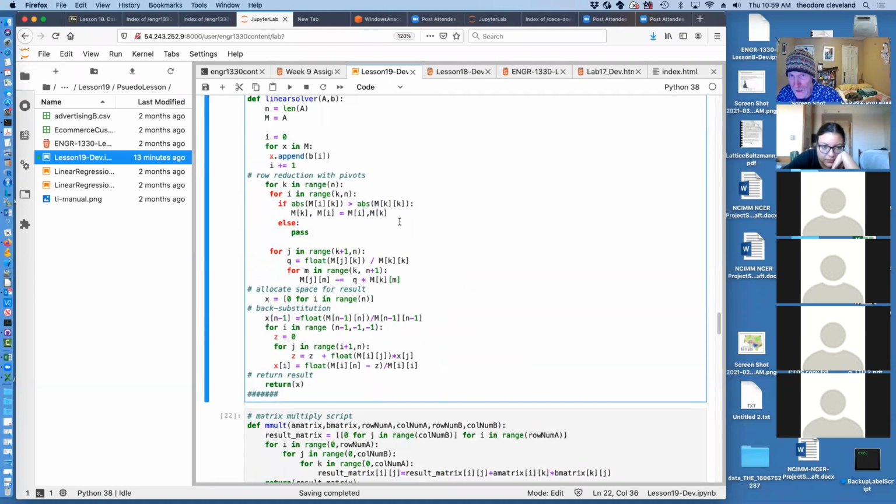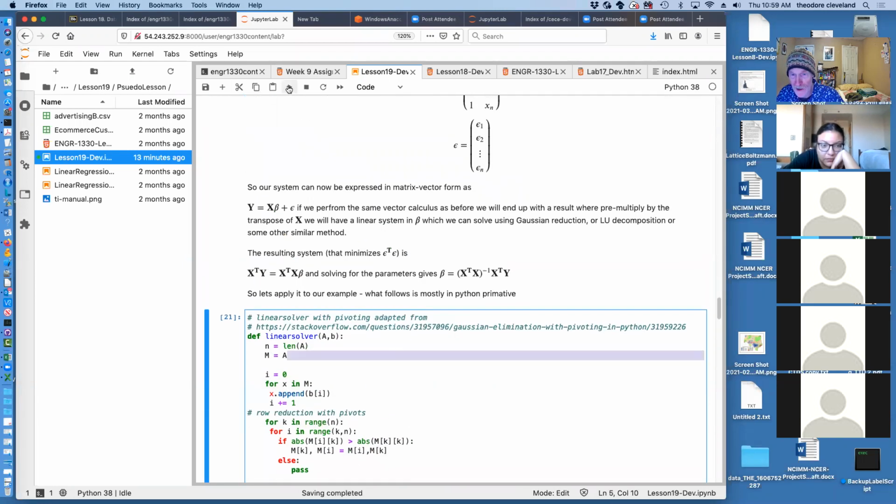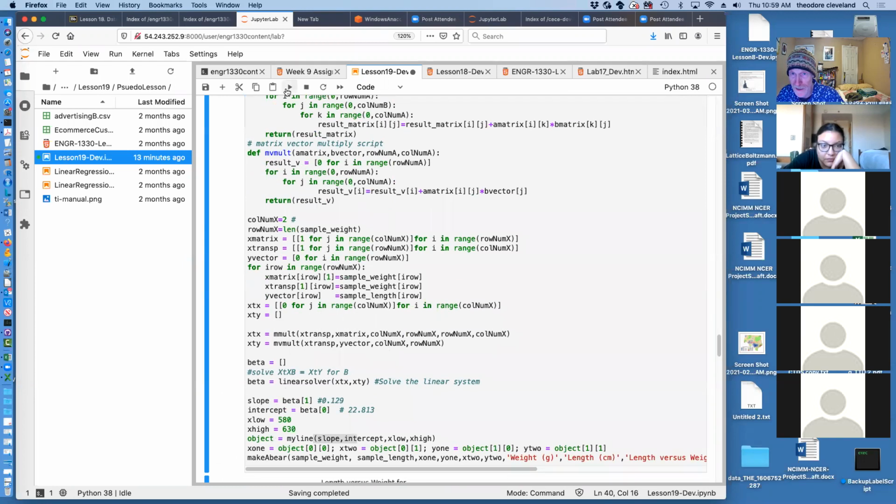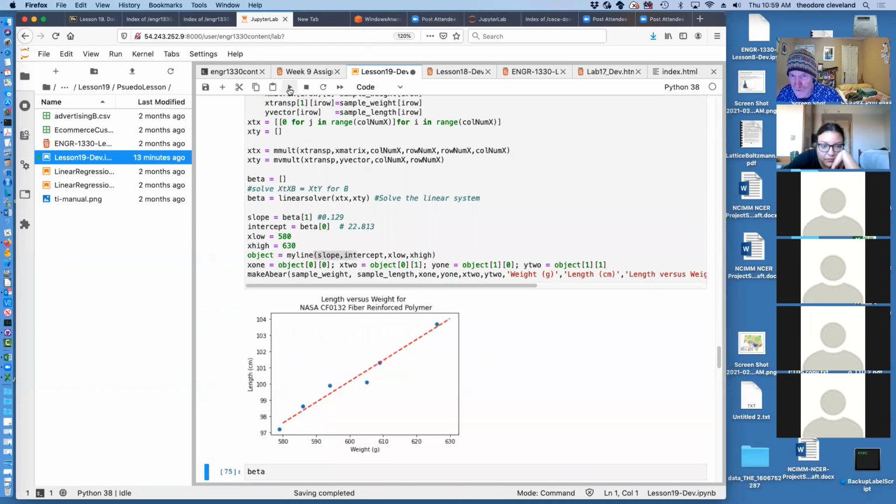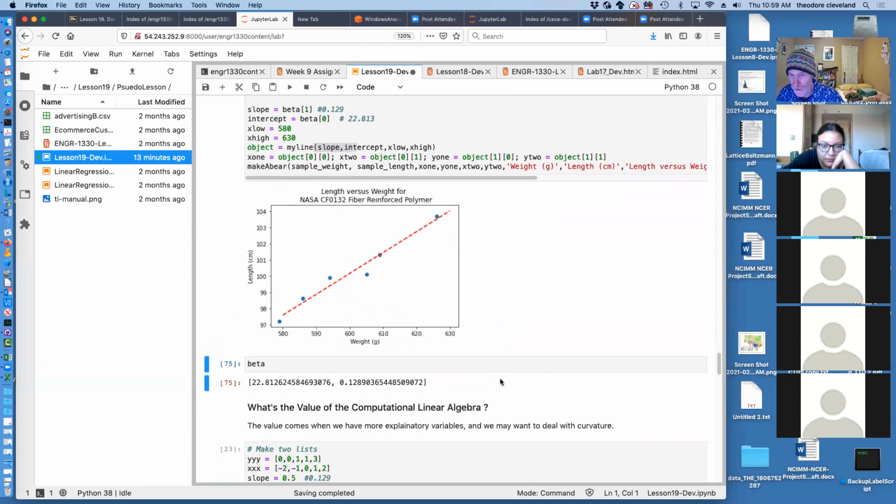Okay, so let me load in the linear equation solver. Done, and we'll go ahead and solve the normal equations by linear algebra. And there is our result, and here is our intercept and slope.